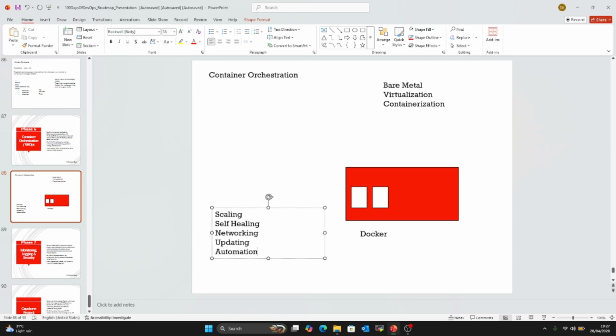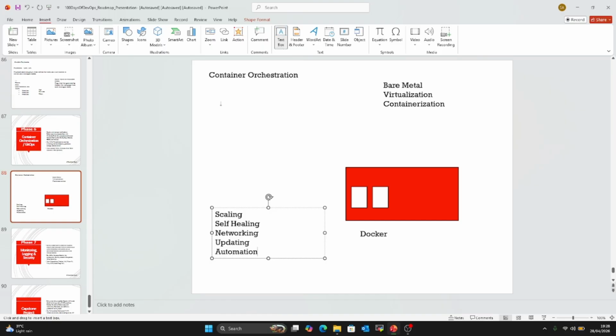It's not just running containers. Orchestration manages their entire life cycle, from when they are deployed to any issues, their networking and all of that. So let's look at starting and stopping of containers. Instead of manually starting and stopping a container, once you deploy a container, orchestration is responsible for starting and stopping containers.